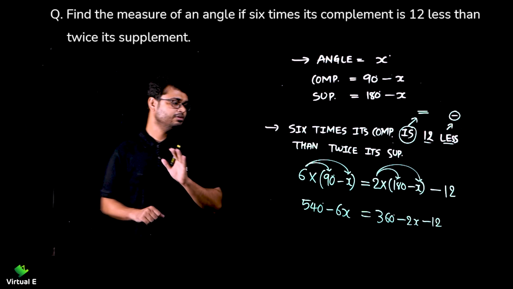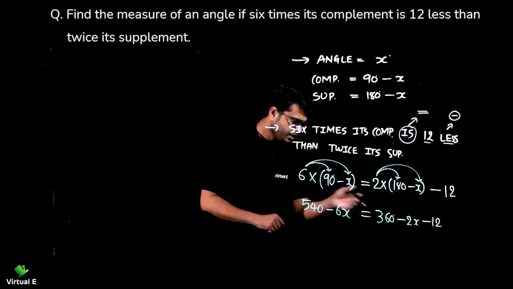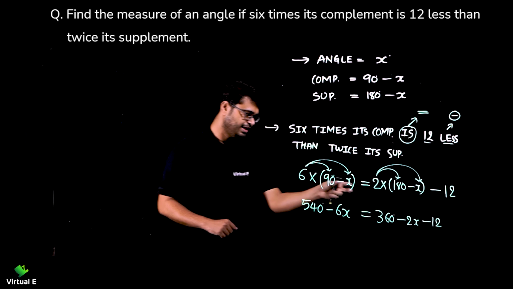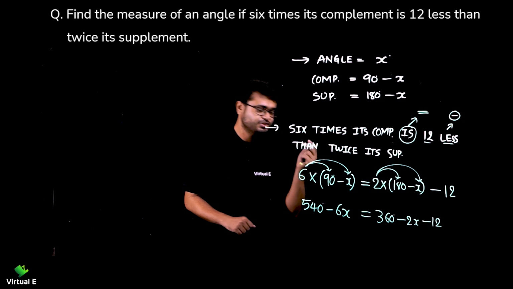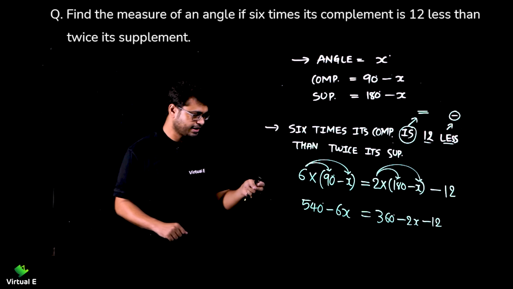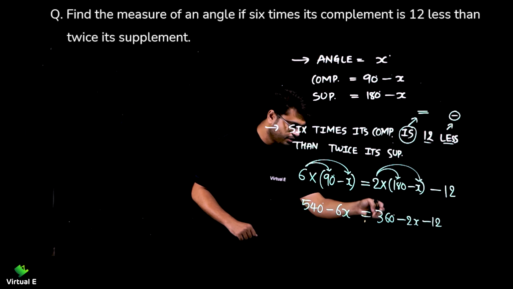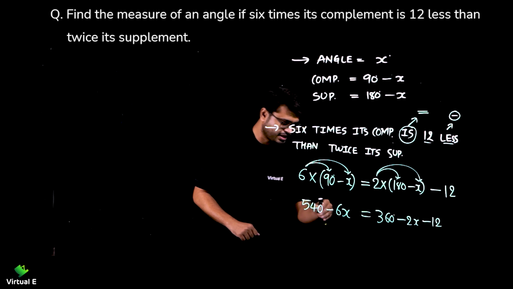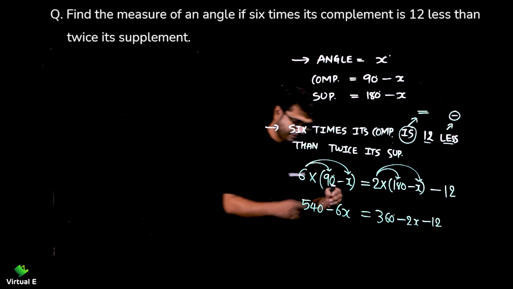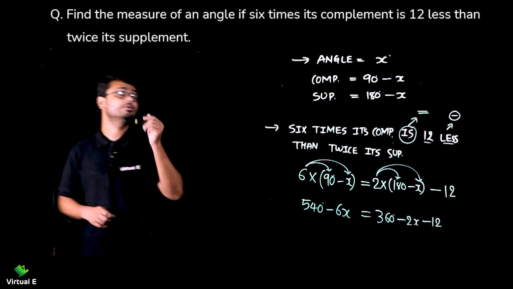Done. Now you can see there are two terms with x in it and the rest are numbers. So this is a linear equation in one variable. Simple to solve. Collect all the x on one side and numbers on the other side. Here we are going to collect all the numbers on this side, because this is negative over here. If I want positive, I need to shift it to that side.